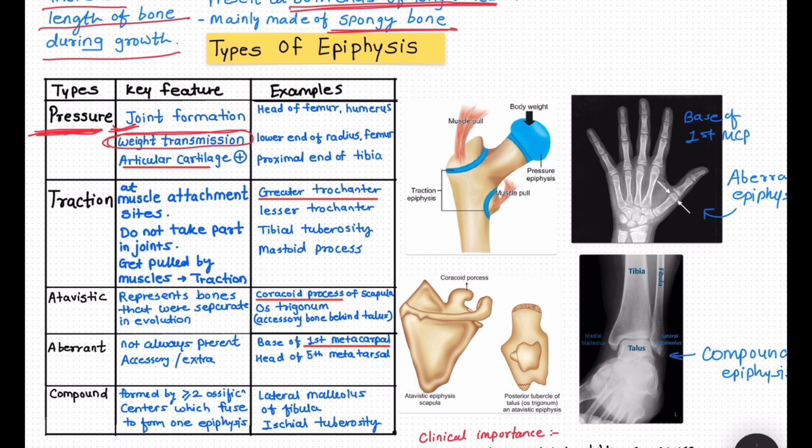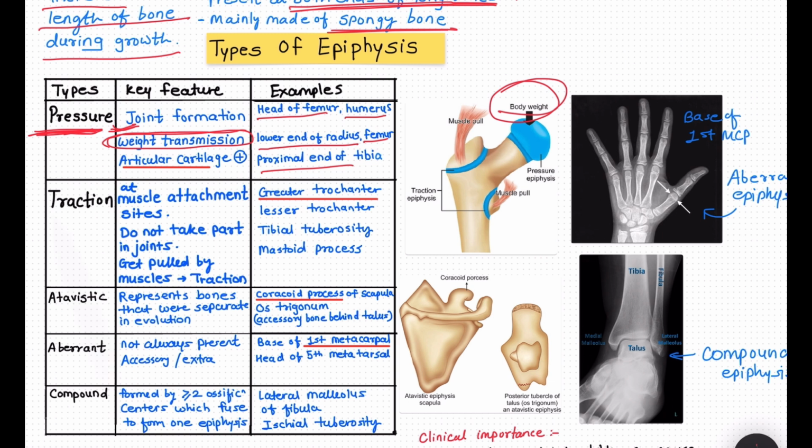Examples are the head of femur, head of humerus, lower end of radius and femur, and proximal end of tibia. While the joint is formed, the body weight should be transmitted, so the pressure epiphysis helps in transmission of body weight, only in some long bones. These are the examples.